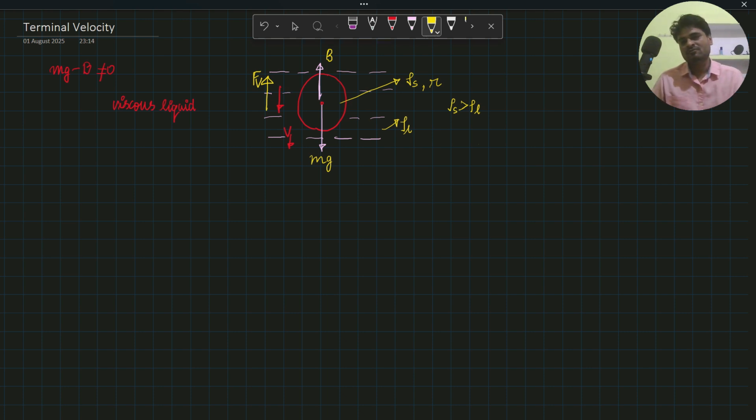So because of the viscous liquid, on this ball there will be an extra force Fv, the viscous force, which is proportional to velocity.